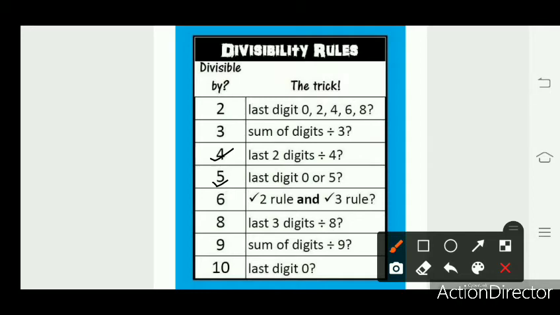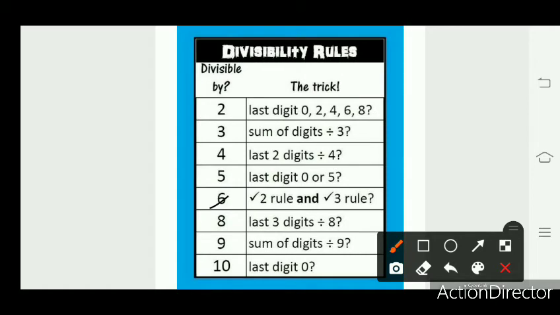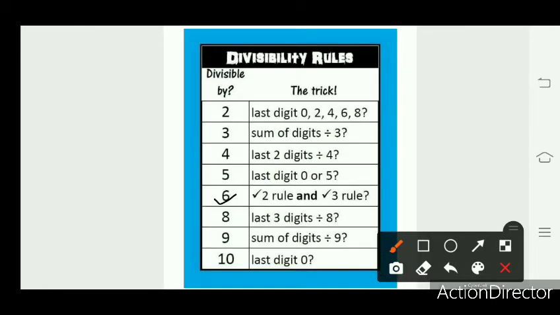If the last digit is 0 or 5, then we say that the whole number is divisible by 5. Now the divisibility rule of 6 says that if the number is divisible by both 2 and 3, then the given number is divisible by 6, right?